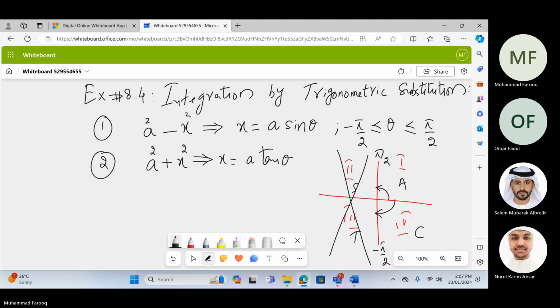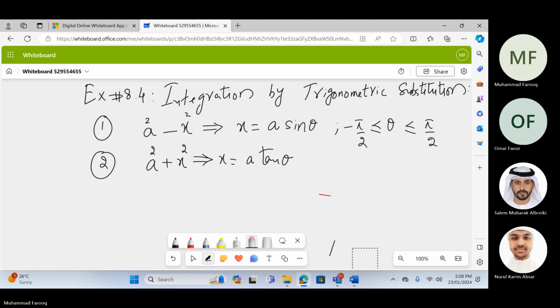The tan theta behavior is also from negative pi by 2 to pi by 2, but we do not use the equal sign in tangent. You know why we don't include pi by 2 in tangent? Because tan pi by 2 is undefined, an asymptote. Okay, third option.